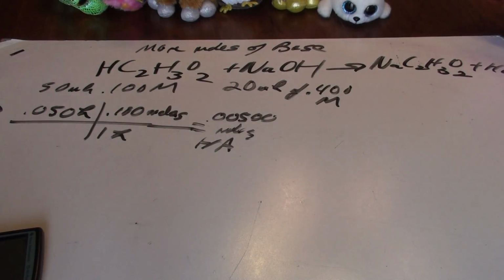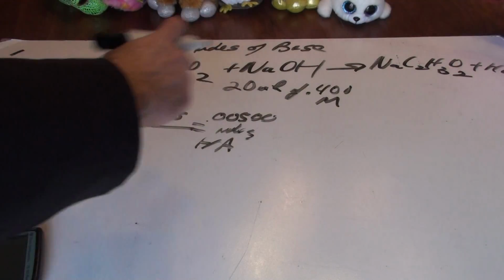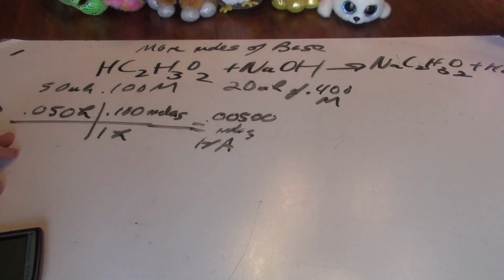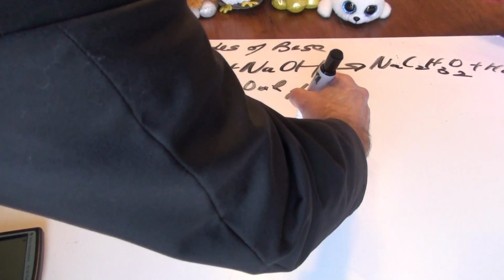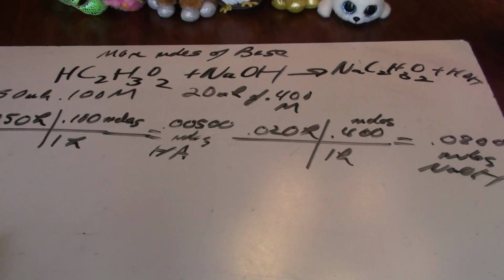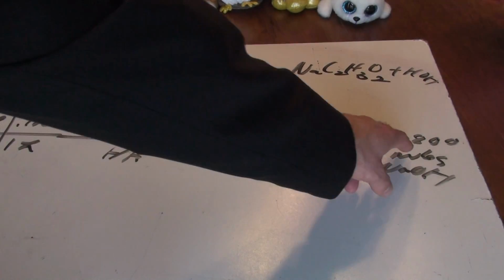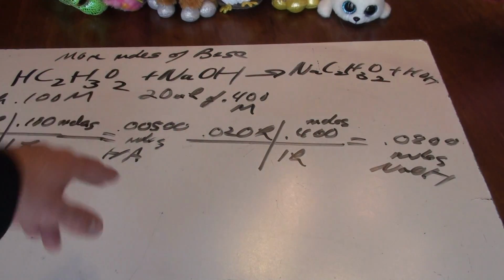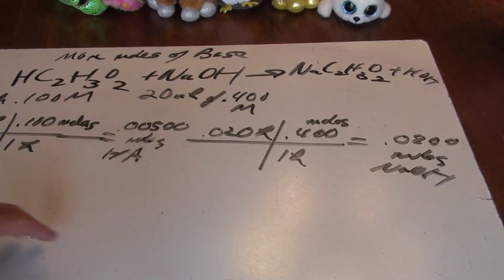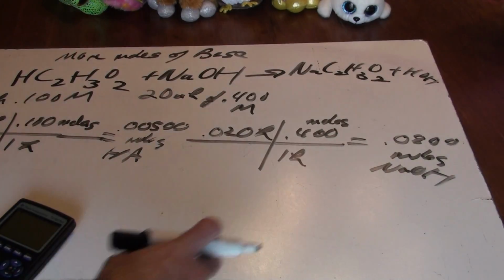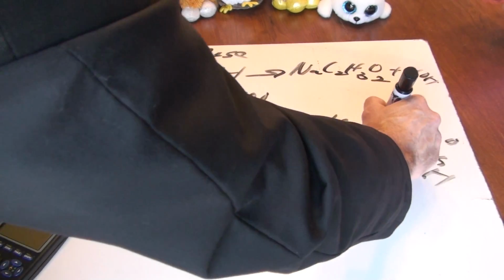What we care about is the number of moles. So just as we did with the acetic acid, we're going to calculate the moles of sodium hydroxide. So 0.020 liters, and 1 liter is 0.400 moles, and that's going to give us 0.0800 moles of sodium hydroxide. So as you can see, there are more moles of base than there are moles of acid. 0.0800 versus 0.00500.